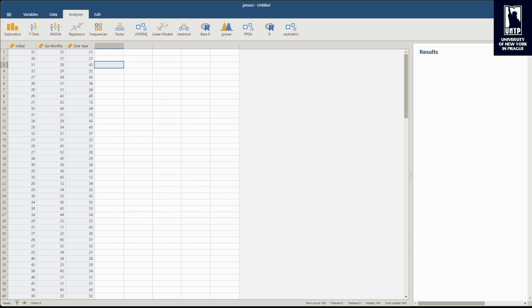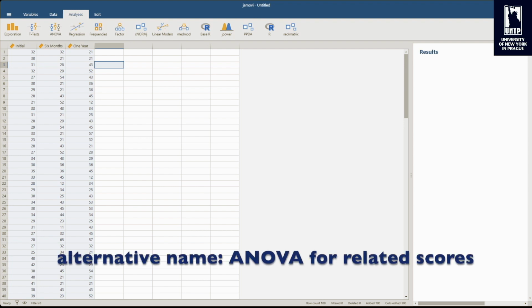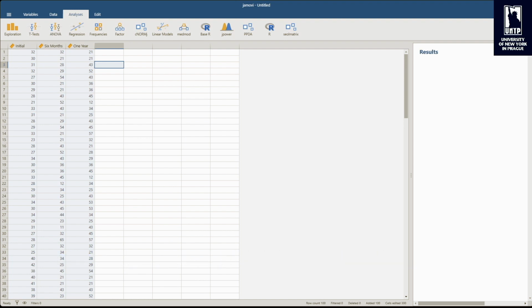This can also be called ANOVA for related scores, but usually, within subjects ANOVA is something that the majority of researchers and statisticians will understand.